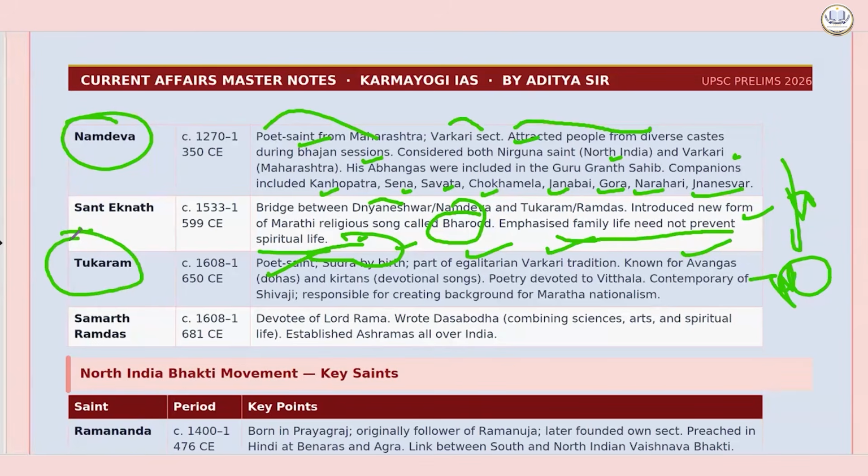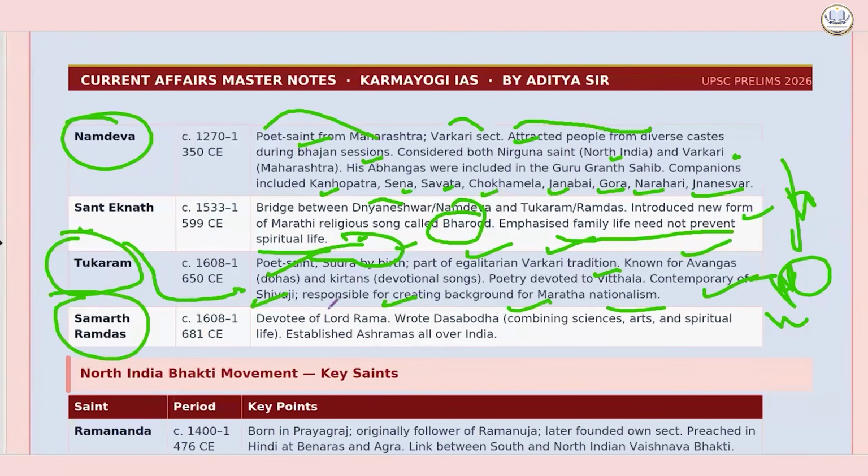Tukaramji propounded so many things, and if you see his Abhangas, Dohas and Kirtanas, devotional songs, they are written immensely, and his poetry is devoted to Vitthala. He was a contemporary of Chhatrapati Shivaji Maharaj, responsible for creating the background for Maratha nationalism as well. So Sant Tukaram has an immense contribution to Maratha nationalism.